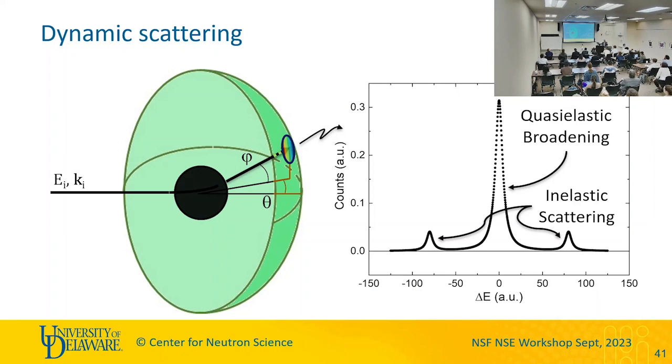You can measure it. You just count. And very generally speaking, you will get something like this, where you have a central peak that is rather broad, and then you have some side peaks that we call inelastic scattering peaks.